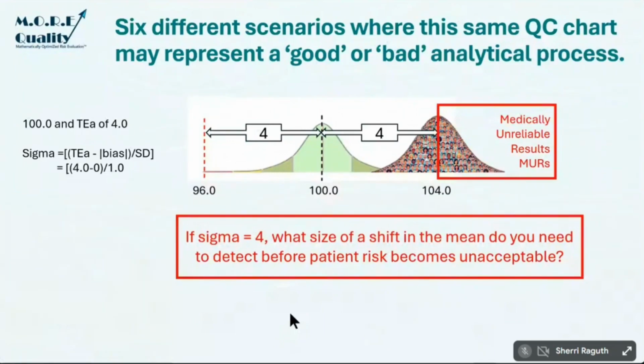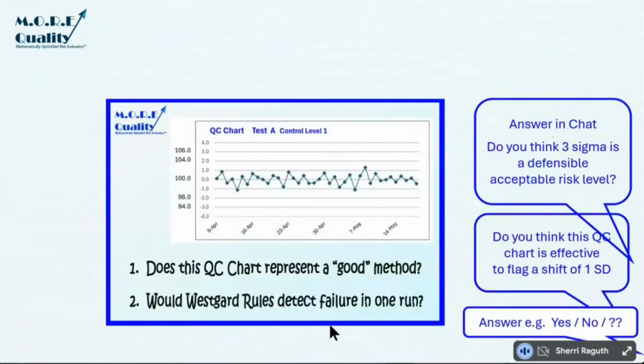Sherry, let me know if we're getting any answers, if people are just sitting there scratching their head. All right. Well, maybe say, can you guys answer? Or are you wondering, do you need more information? Just put in a question mark. Yeah, because Ruvimbo needs more information. And I'm sorry if I mispronounce anybody's name. Okay. So you're saying what size of a shift in mean do you need?